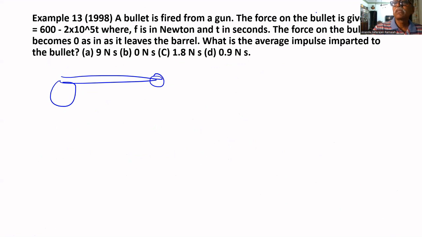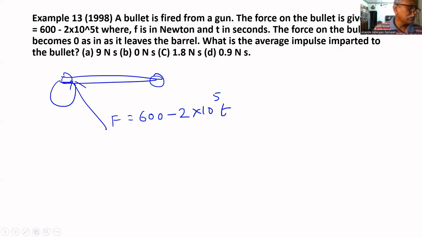And the force on the bullet is given by F equal to 600 minus 2 into 10 power 5 t. F is in Newton and t is in seconds.